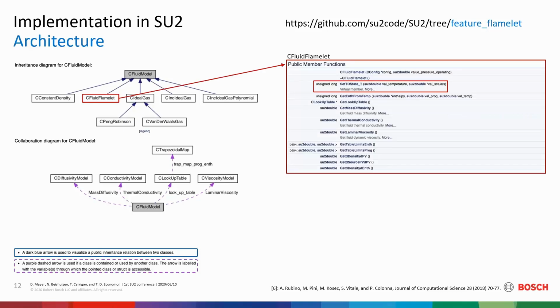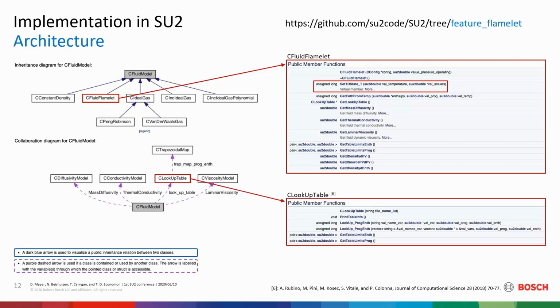In here, the most important function is the function where we set the thermodynamic state. Most of the magic happens here. We look up all the quantities like densities, viscosities, and so on. We also calculate the source terms in here, and then they are stored locally and can be accessed with the get functions later on.